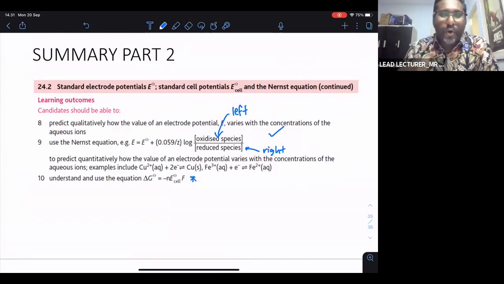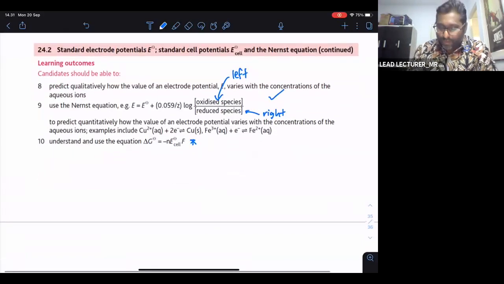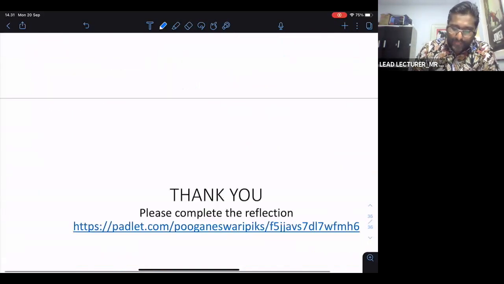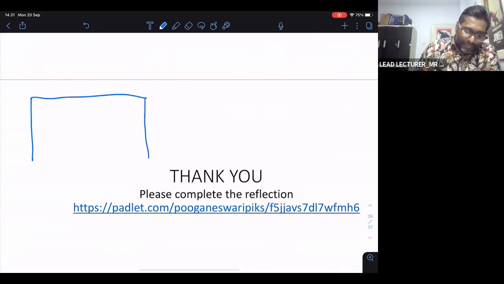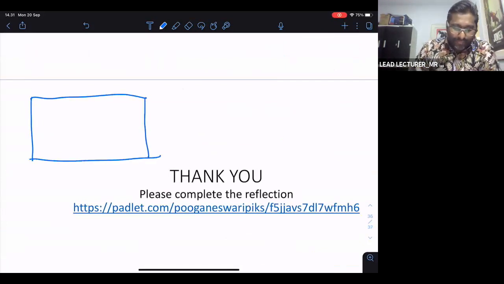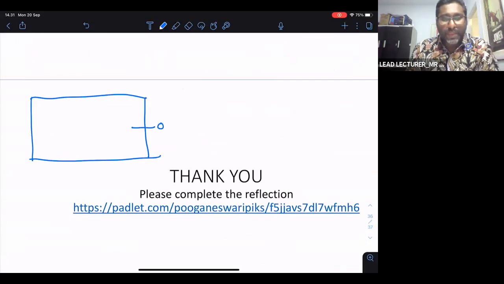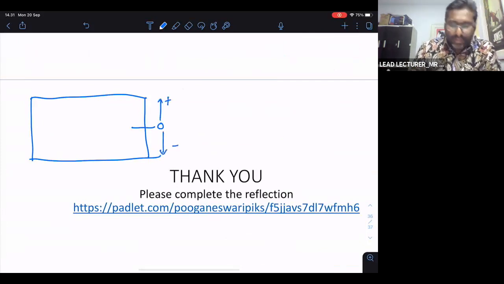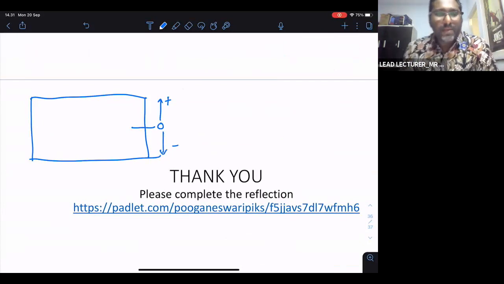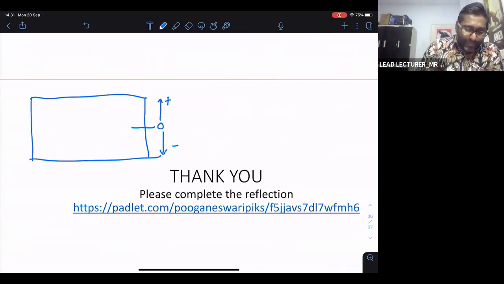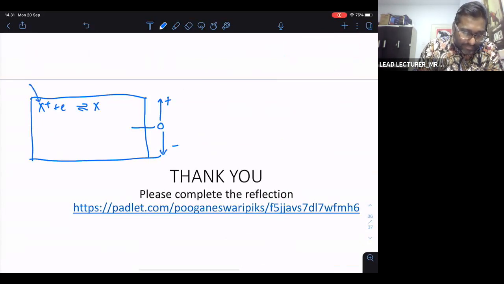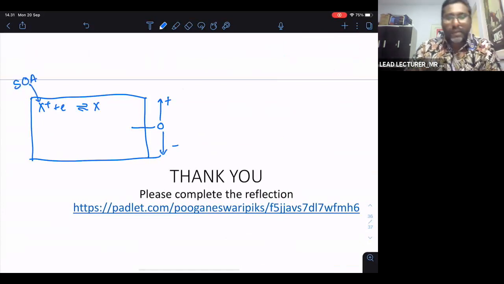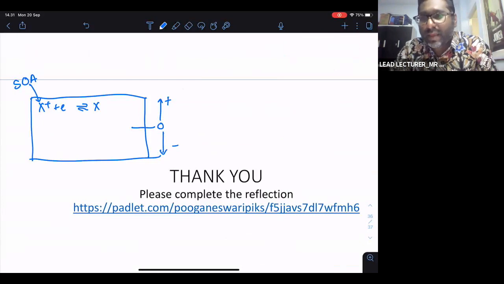And one more thing. To summarize whatever I taught you, if you have these E values, with 0 as reference, and you rearrange them, one is more positive and one is more negative. For example, if this one is X plus electron to give me X, I can say that this is going to be an SOA, strong oxidizing agent.